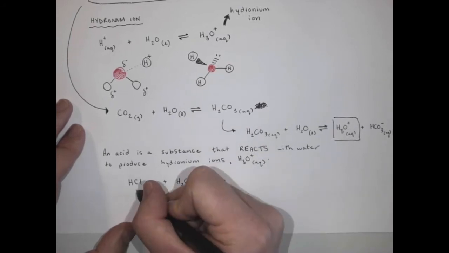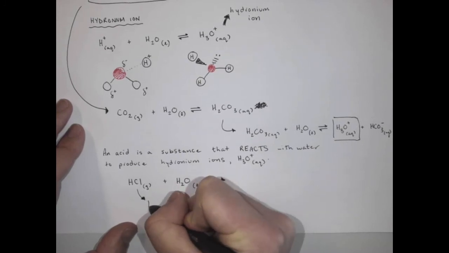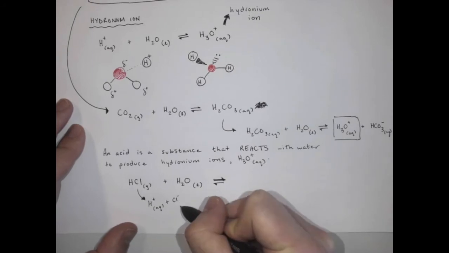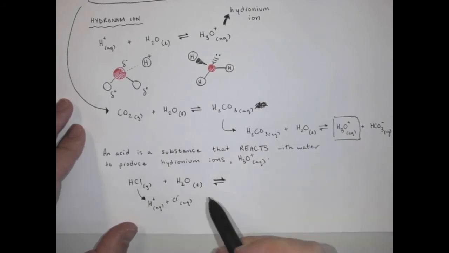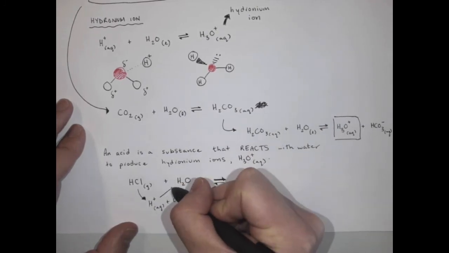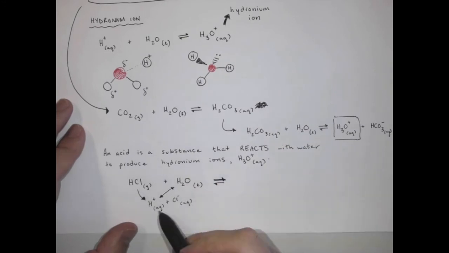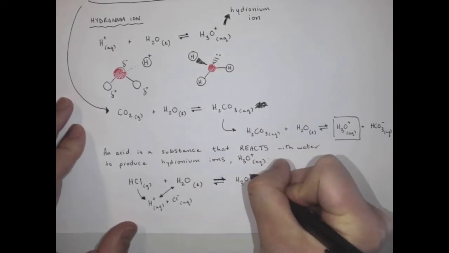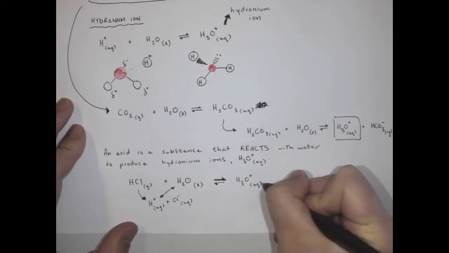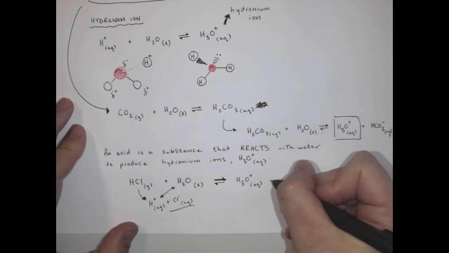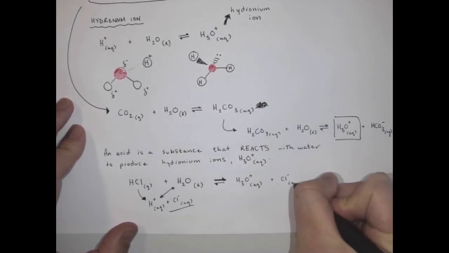Well, normally this would produce hydrogen ions and chloride ions, but we can't discount the fact that these hydrogen ions are going to react with the water. So these are going to react with each other. So what do we actually get? Well, we're going to get hydronium ions and the leftover chloride ions.